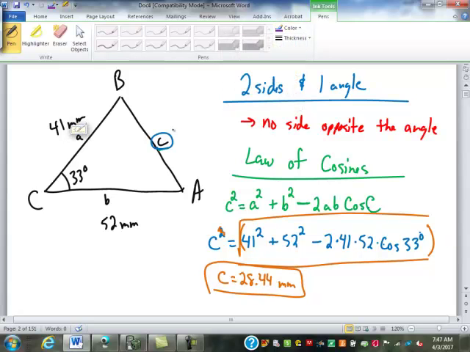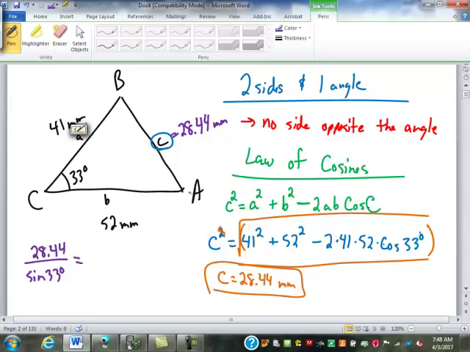So this side C is 28.44 millimeters. Now that I have side C, I can find angles A and B because I now have a side and its opposite angle. 28.44 millimeters over the sine of the 33-degree angle equals, now, which side do I want to use first?